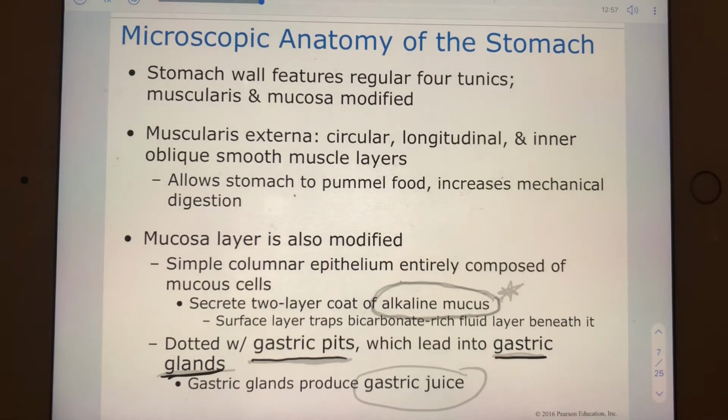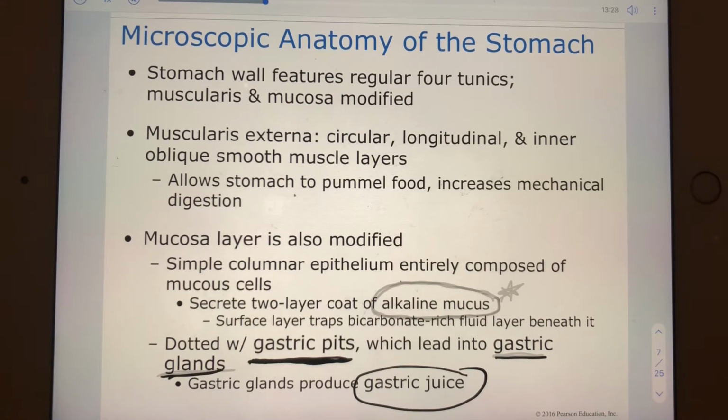Gastric glands actually have many different types of cells in them, specialized cells. And collectively, those cells make what some people might call the juice or the fluid product, the secretion or gastric juice of the stomach.